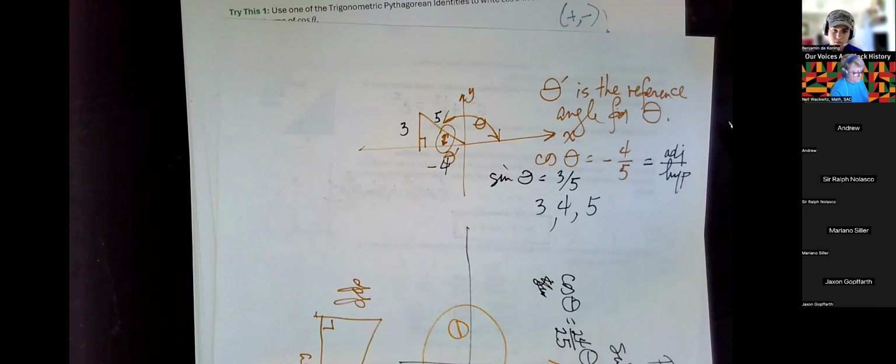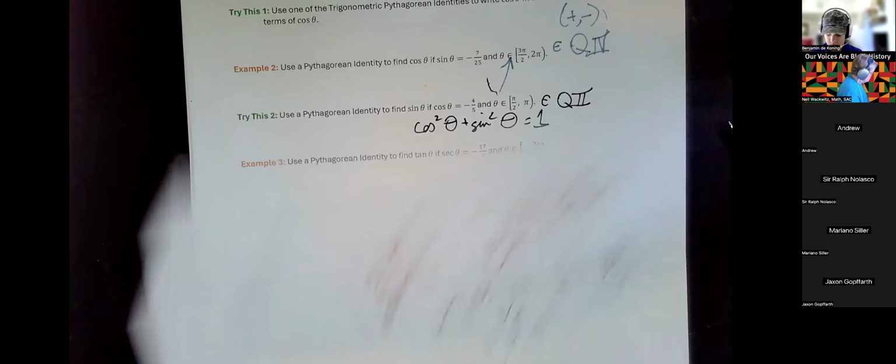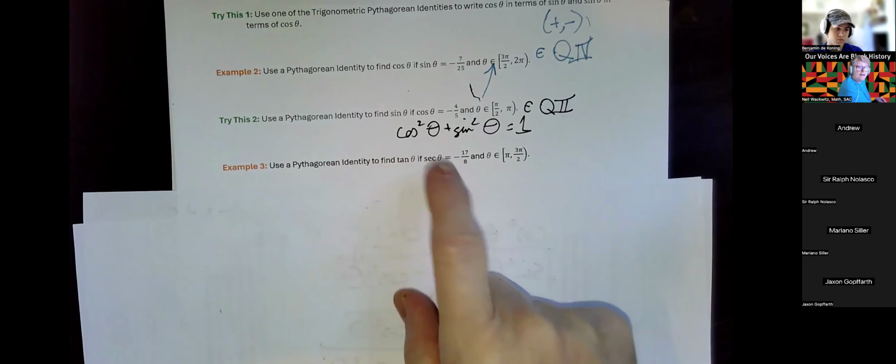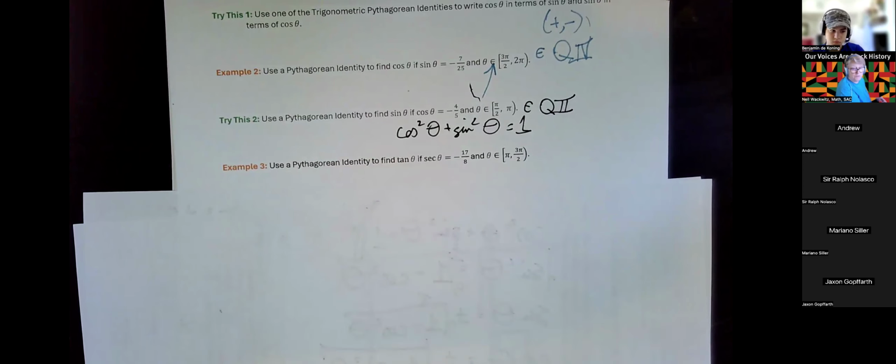All right, let's do this next question 2 ways. Let's use a Pythagorean identity to find tangent if we know secant, and let's draw a triangle in the correct quadrant and label the sides using the right triangle definitions and find tangent that way.